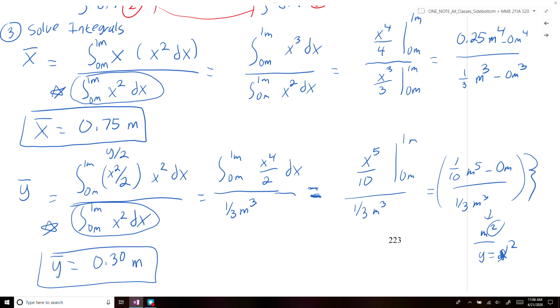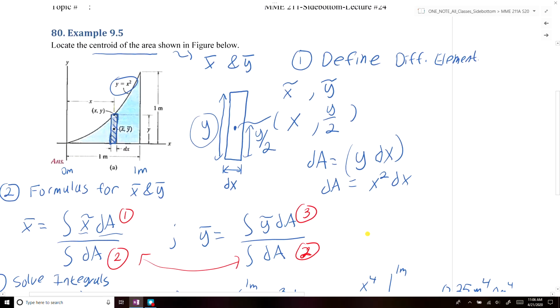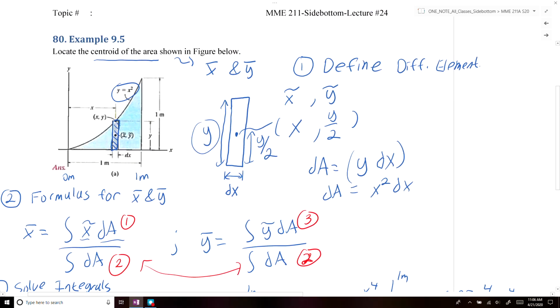Just to summarize what we did: from our problem statement, we defined our differential element. We defined it in this example in the vertical direction, but you could have defined it along this direction as well. Nothing wrong with that.